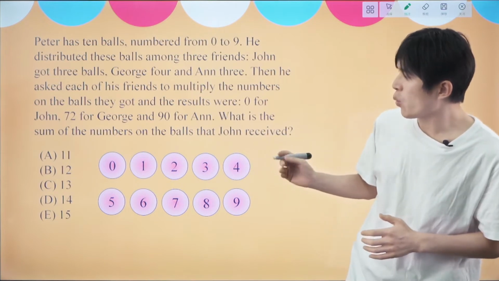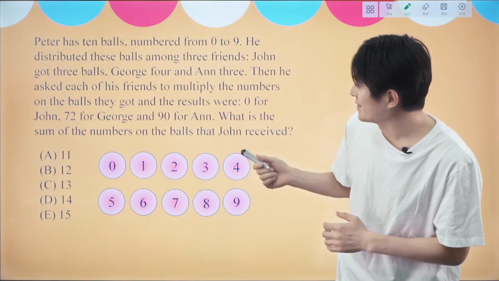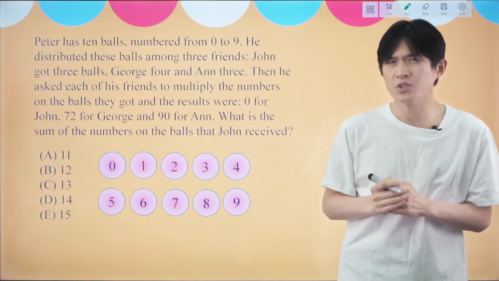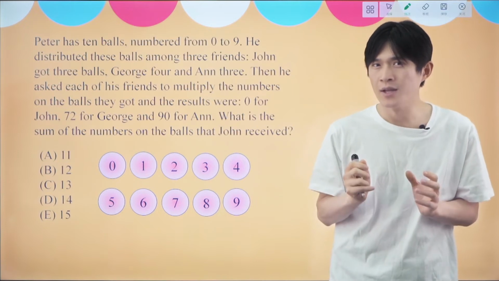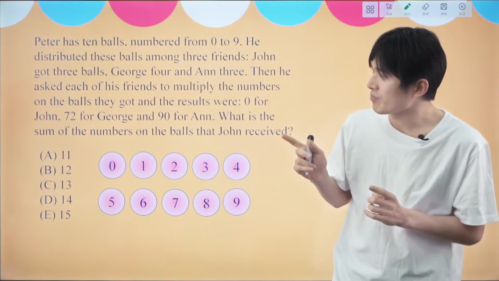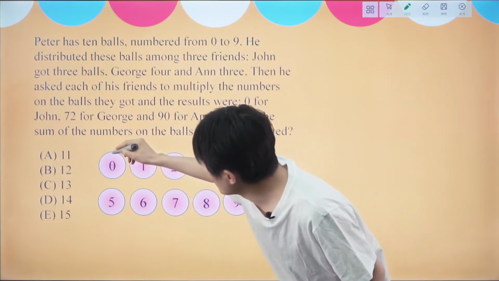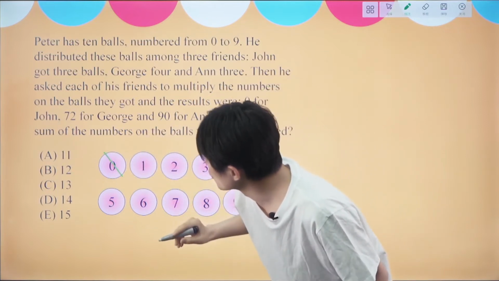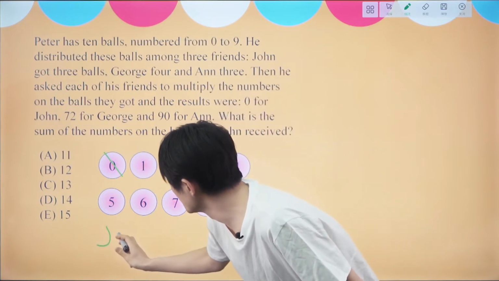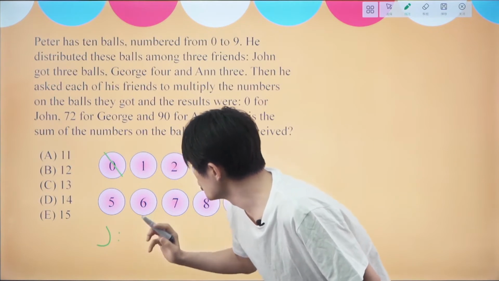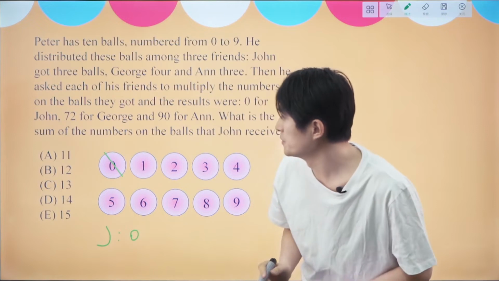When you multiply the numbers and you get 0 for John, this means there must be 0 for John. So we say goodbye to 0. We use J to represent John. John has a number of 0.